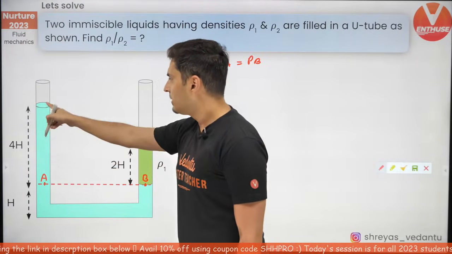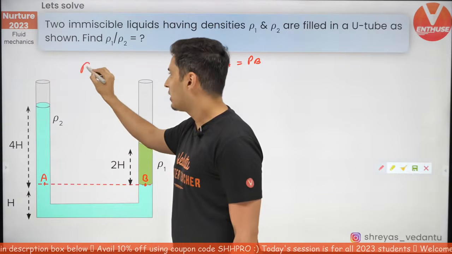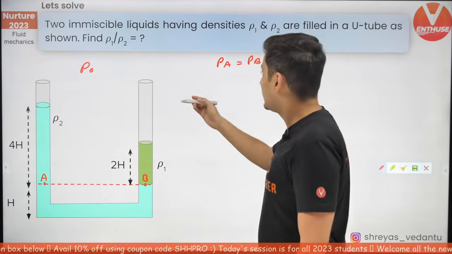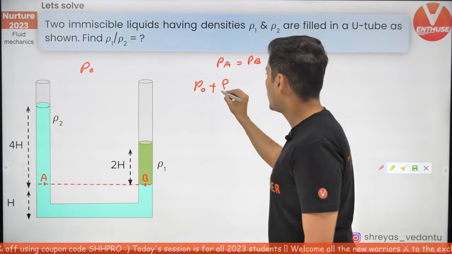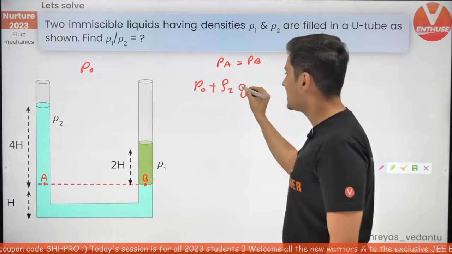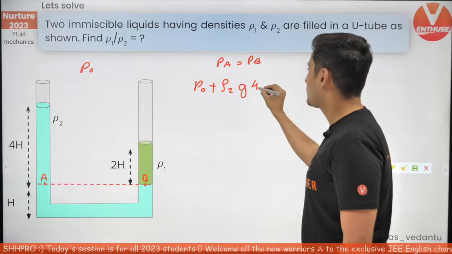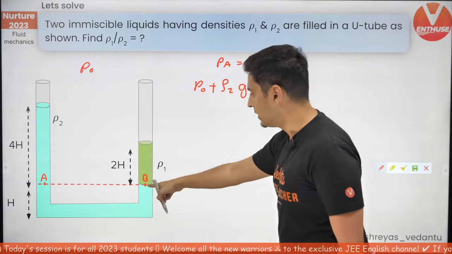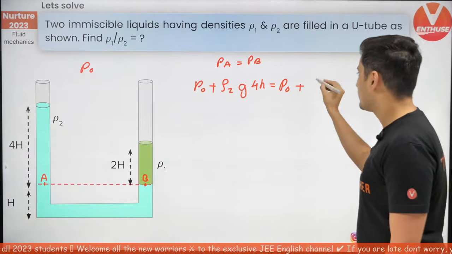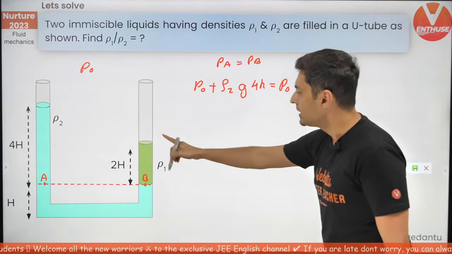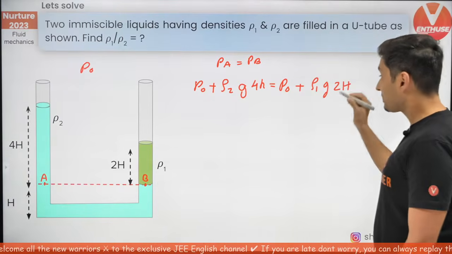At this point, assuming atmospheric pressure to be P0, the pressure will be P0 plus ρ2 into g into 4h. Pressure at point B will be again P0 plus ρ1 into g into 2h.